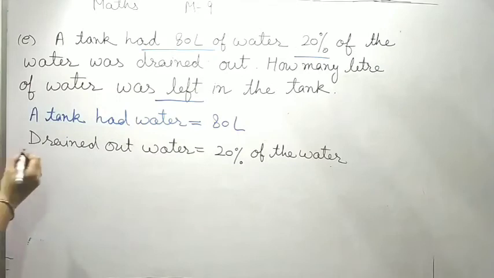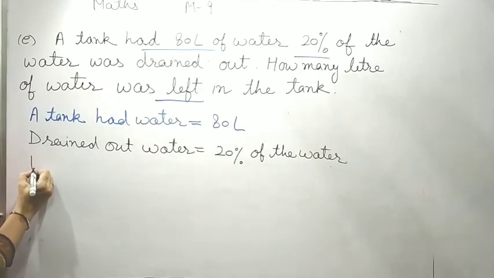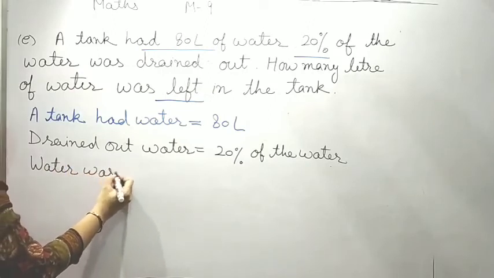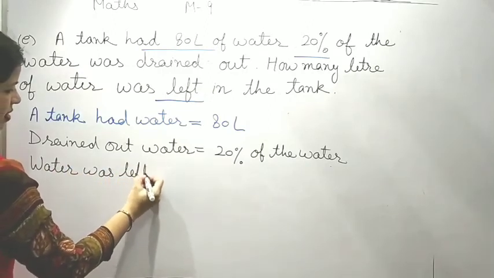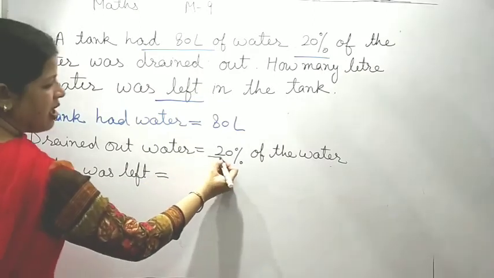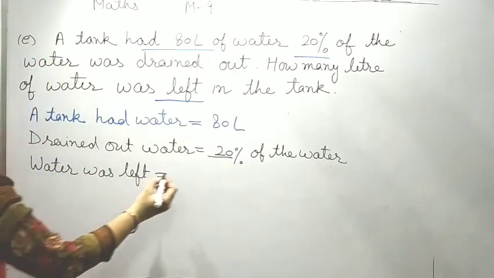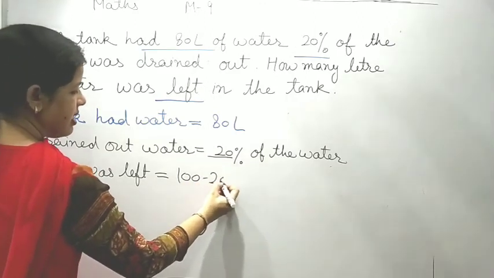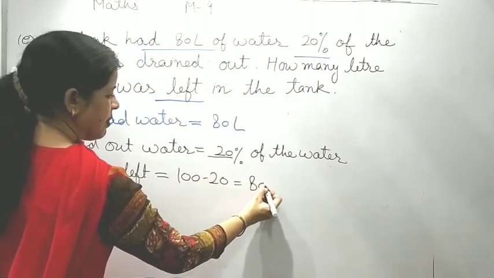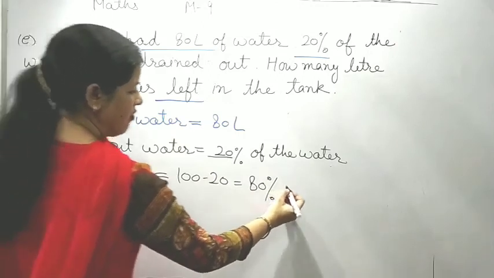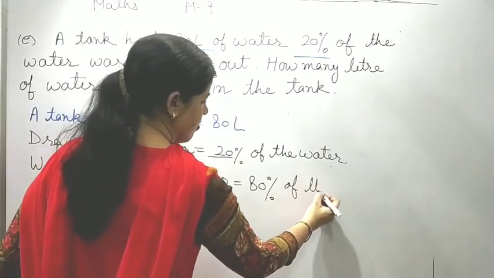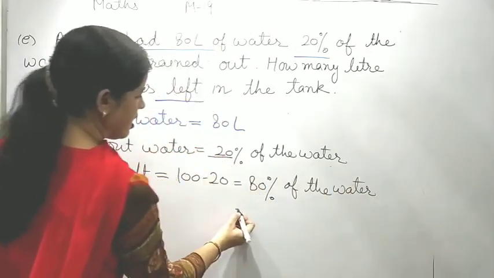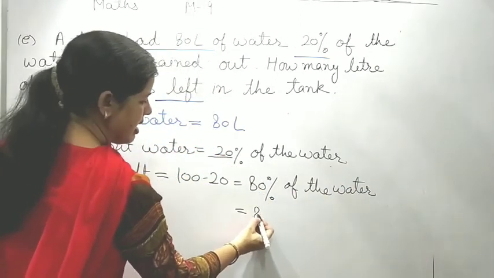Now here you have to calculate how much water was left. So the water left in the tank is equivalent to, because the total percentage is 100 and the drained out water is 20%, so you can subtract it from 100. So 100 minus 20 is equivalent to 80. So 80% of water was left in the tank. So you write down 80% of the water, and total quantity of water is 80 liters.